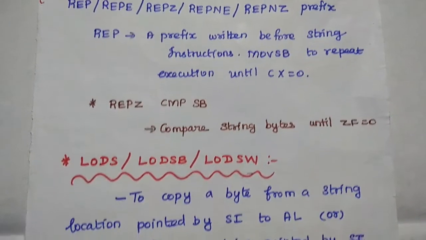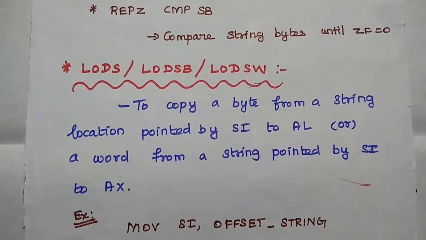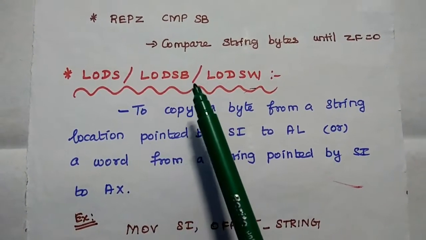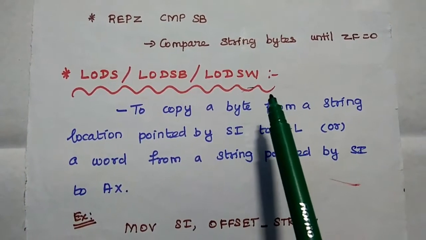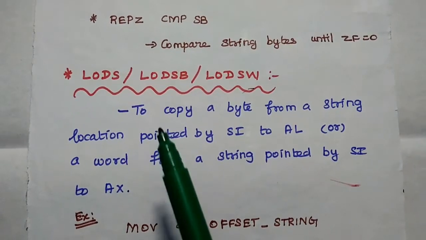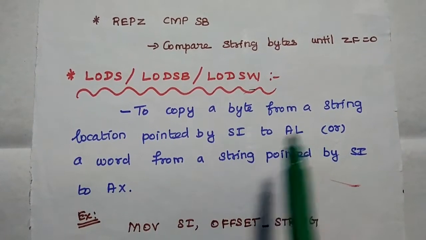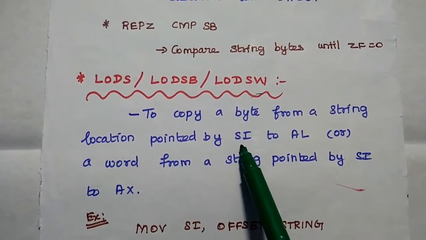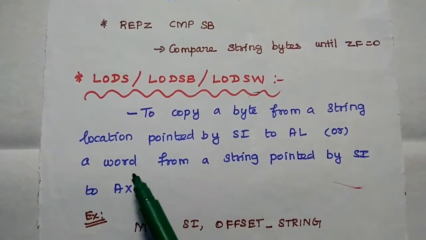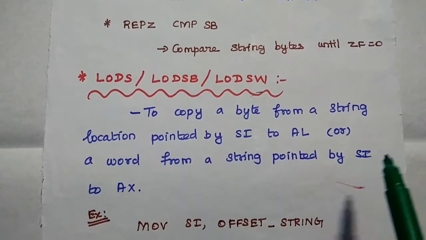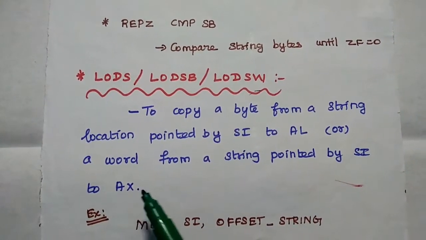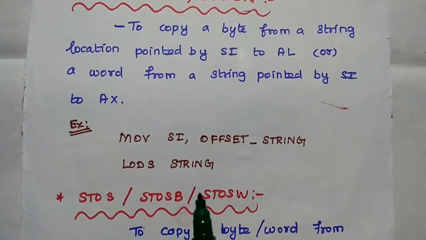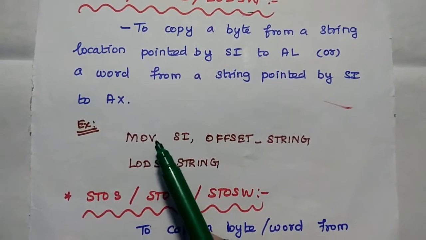Similarly, we can have different conditions. Then we have another set of instructions, that is load: LODS, LODSB, LODSW. These instructions are used to copy a byte from a string location pointed to by the source index into AL, or a word from a string pointed to by the source index into the AX register. The example for this load operation is MOV SI.